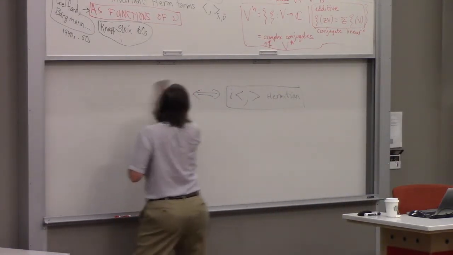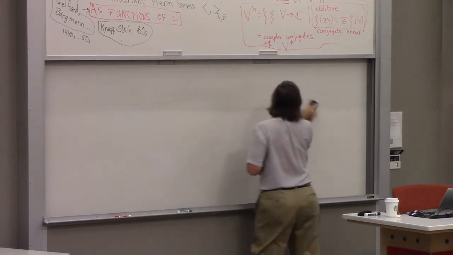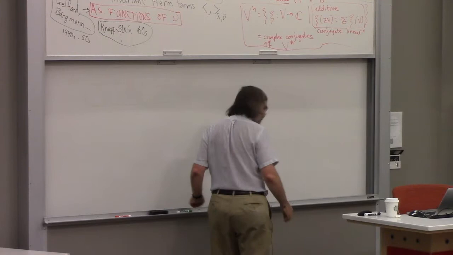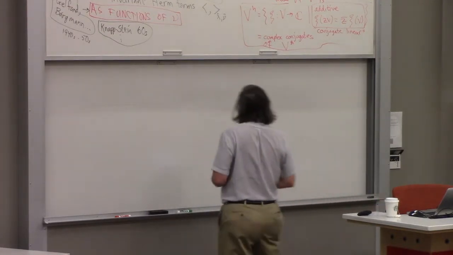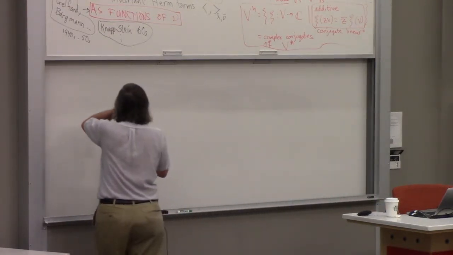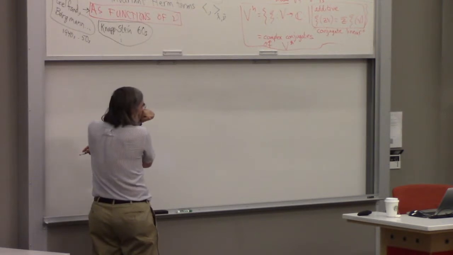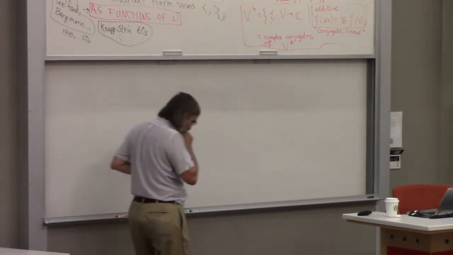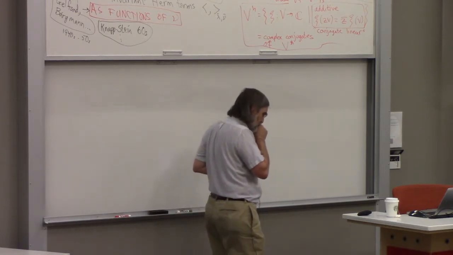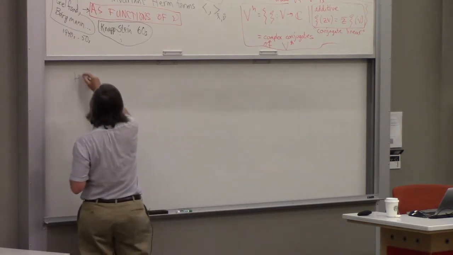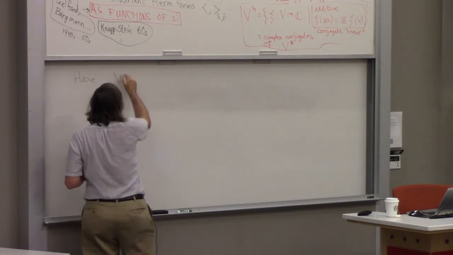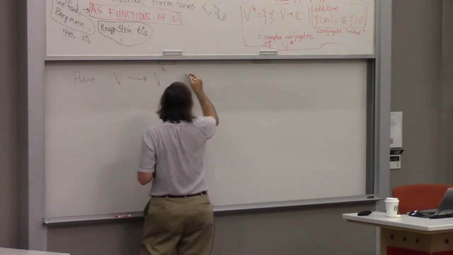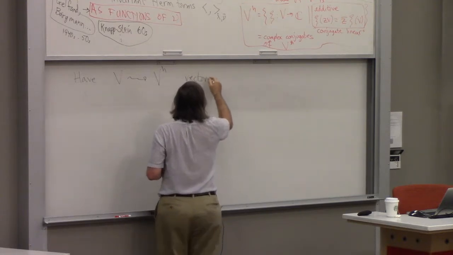So where we are, we have this map that sends V to the Hermitian dual of V on the level of vector spaces.